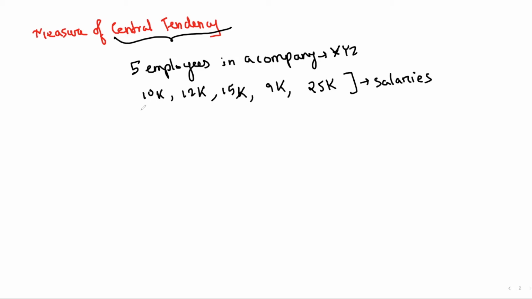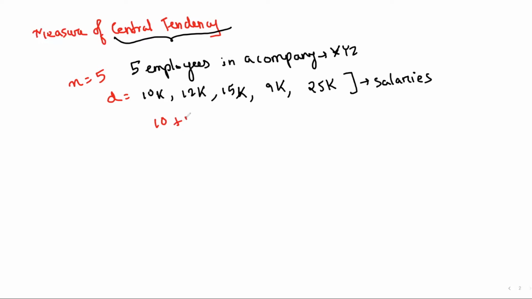First of all, you will get to know how many employees are there, and then you will get to know their salaries. So in this case, this is the data that is available to you, and number of people is 5, and the data is this. So how will you find the average? You will try to calculate the mean, right?